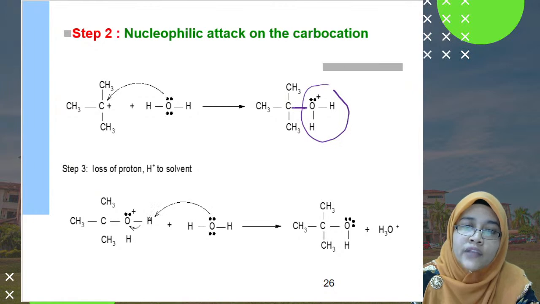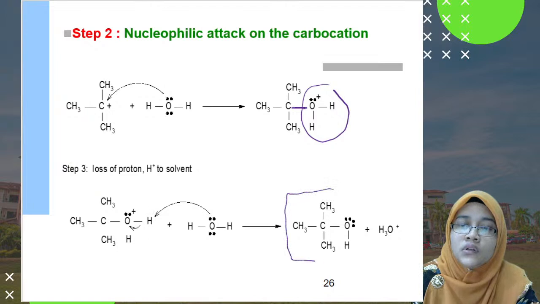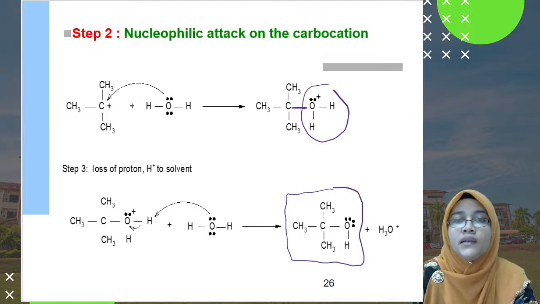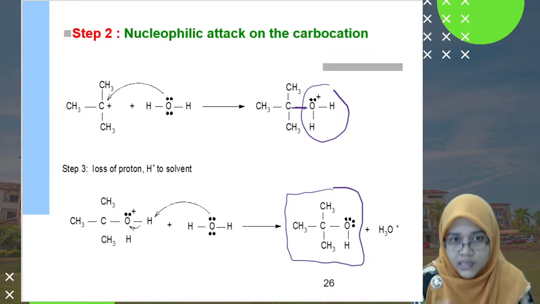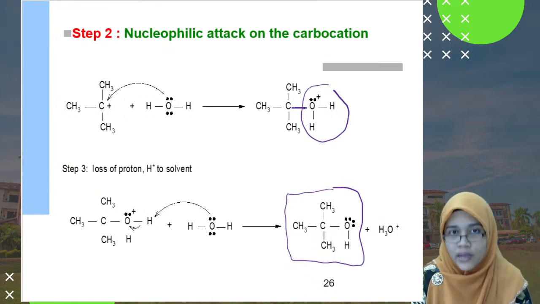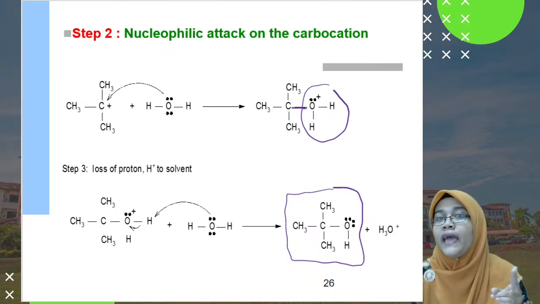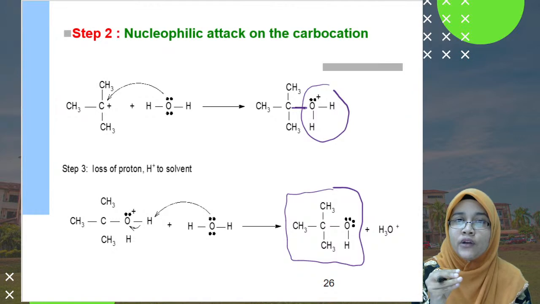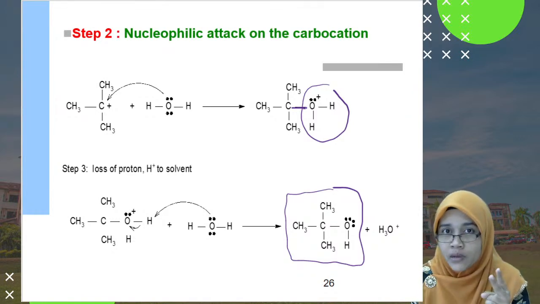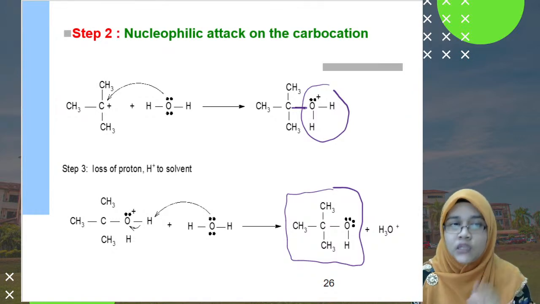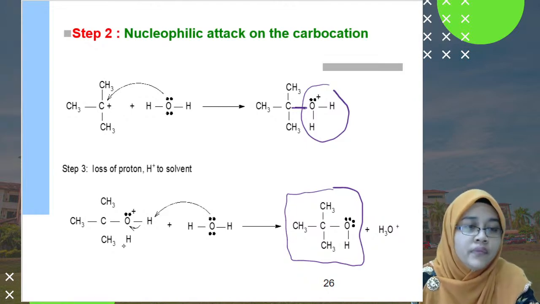Water will take hydrogen and it will form a new alcohol. So the rough idea for SN1 is that the first step is forming the carbocation, and the second step is the nucleophile attacking the carbocation. So two steps minimum. The details you will learn in your tutorial.